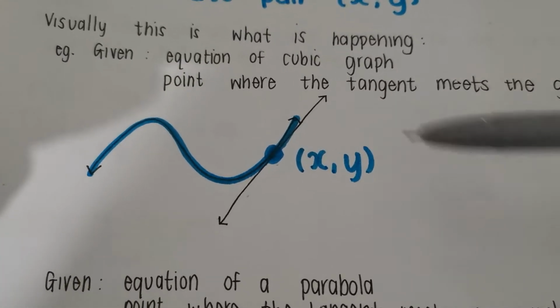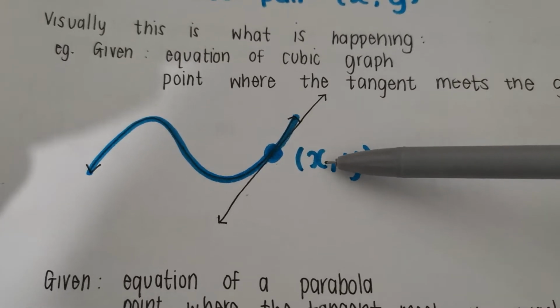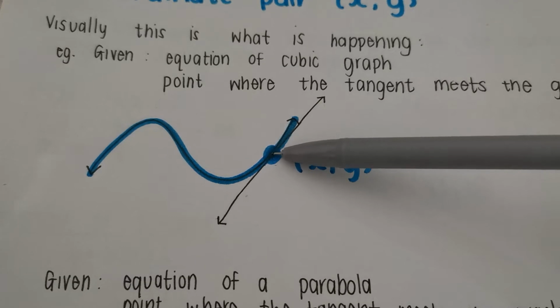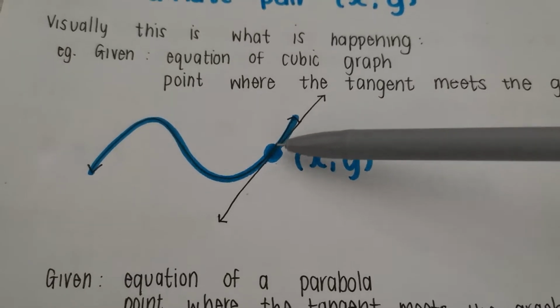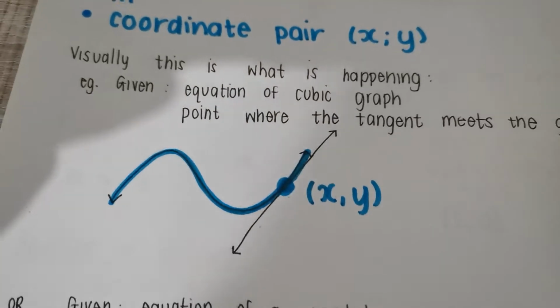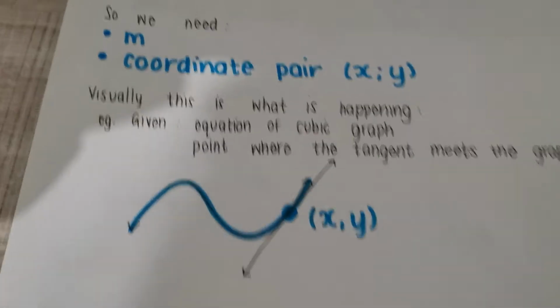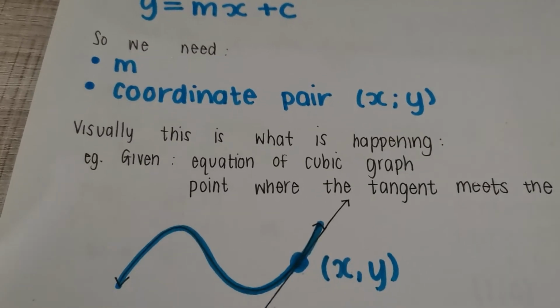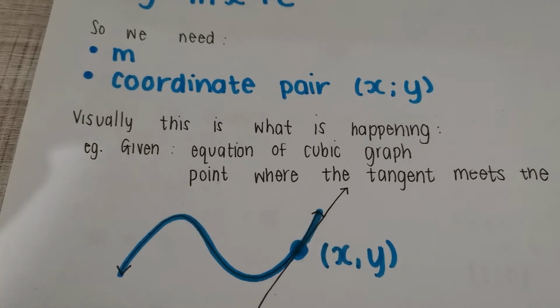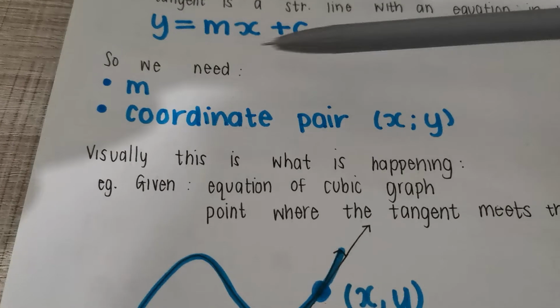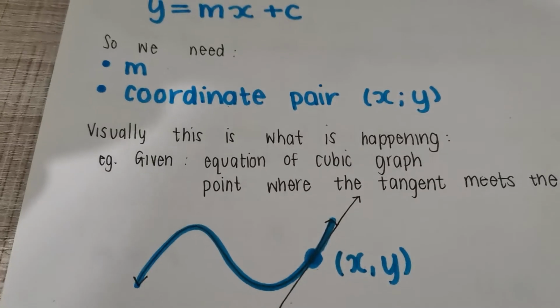So when we substitute this point into that derivative, it's going to give us the gradient at that point. I wrote down the steps for you. I'm going to scan this and put it as a PDF document on the group so that you can read this as well. But basically, we need the gradient and we need a coordinate P.